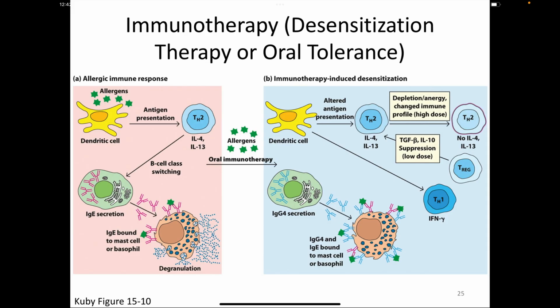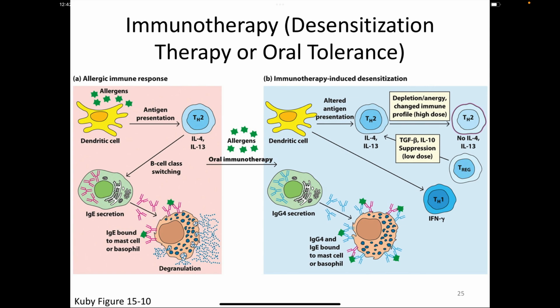One of them is to have you eat the antigen. Sometimes we have you eat the antigen because we know that in the GI tract, if you encounter antigens, like in food, you tend to make more of a Treg biased response.